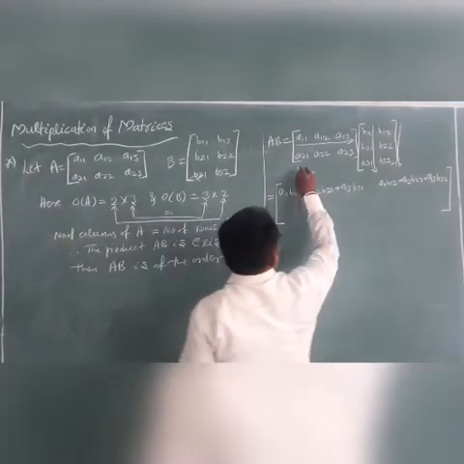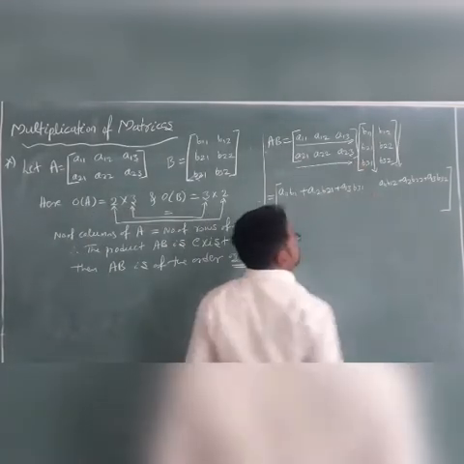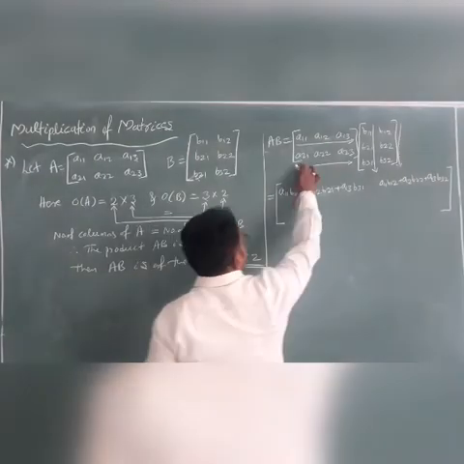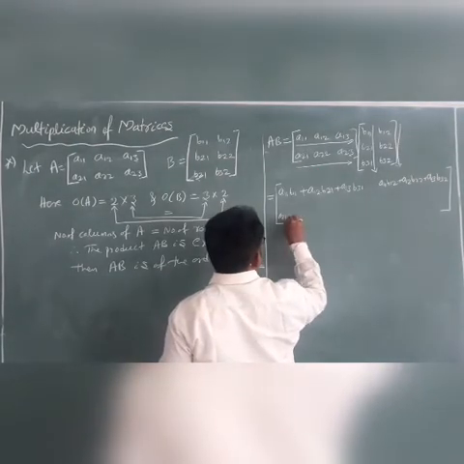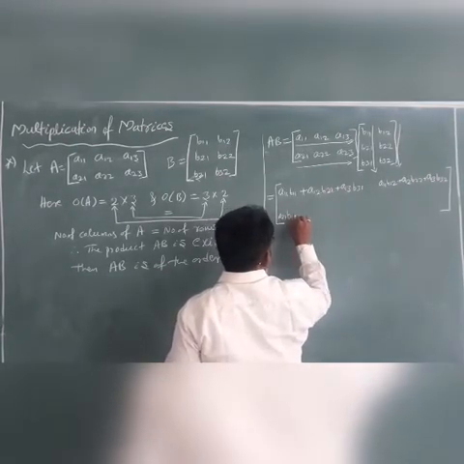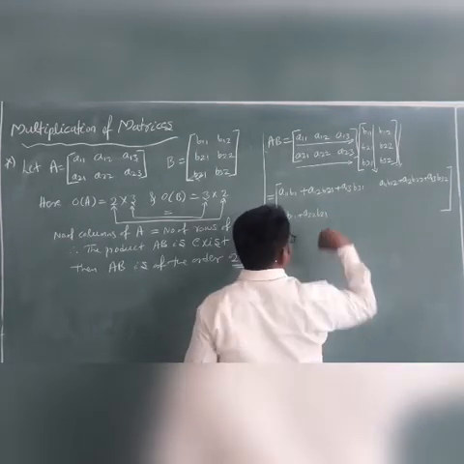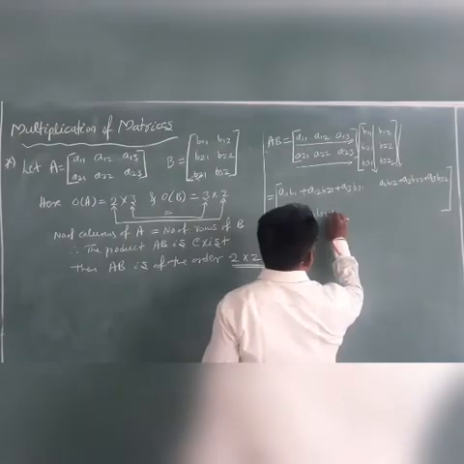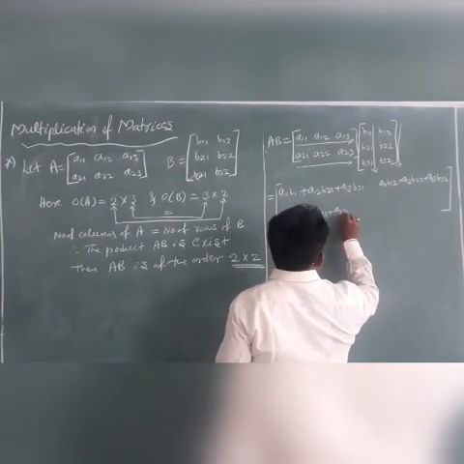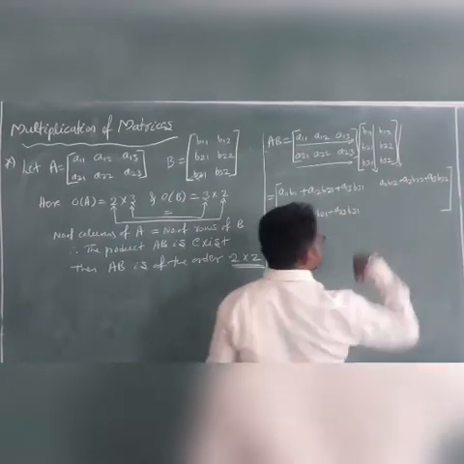Next, we will take the second row, A21 into B11, A22 into B21 plus A23 into B31.